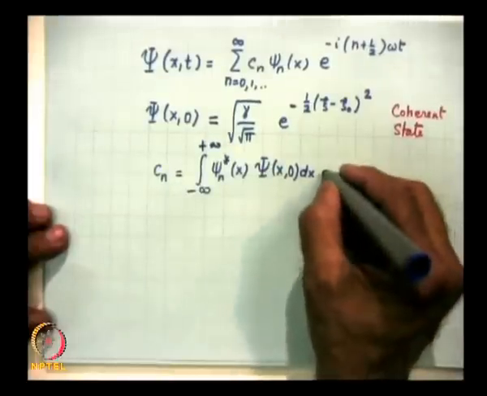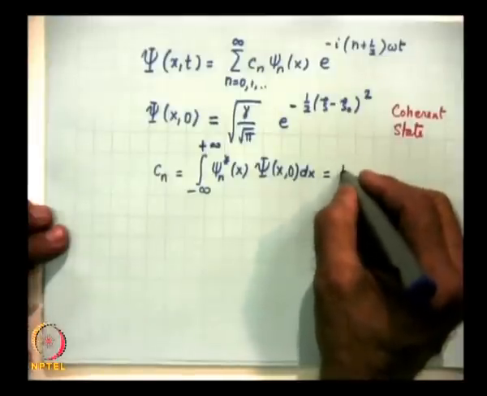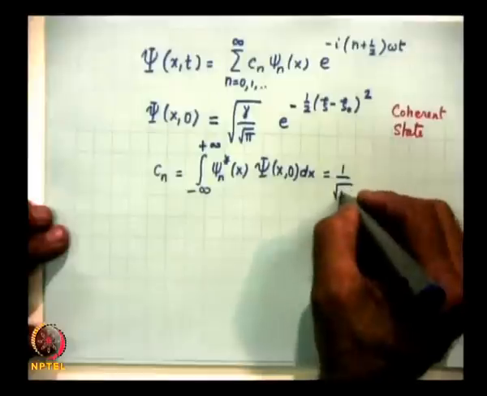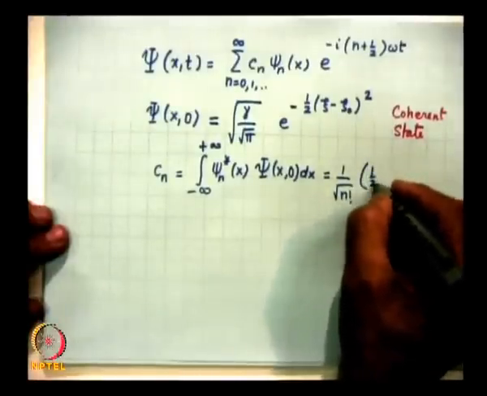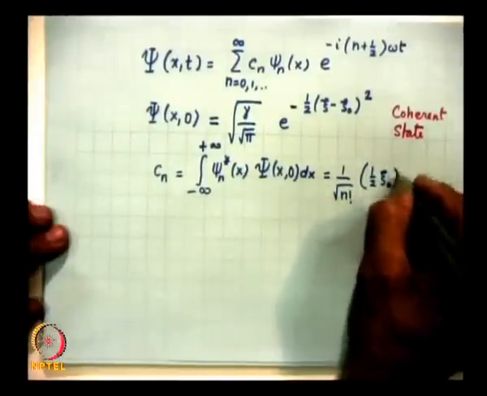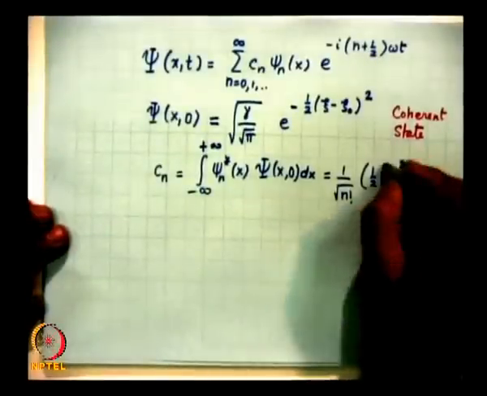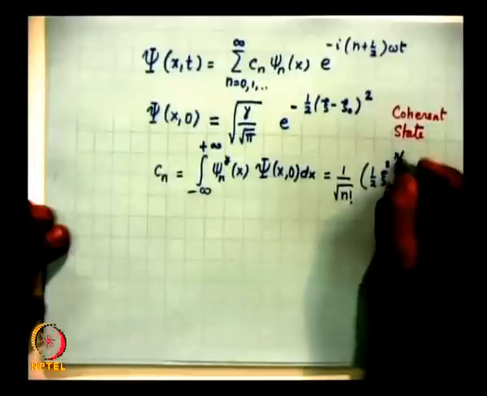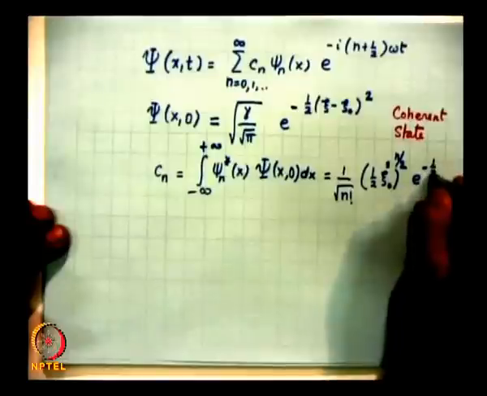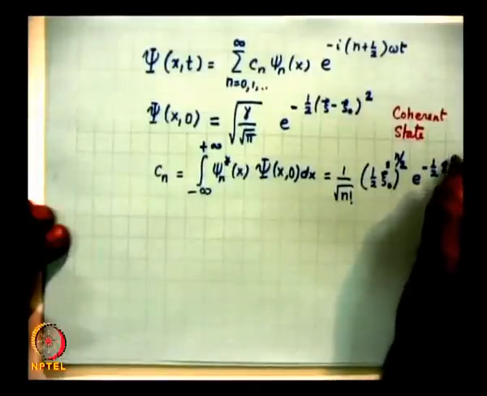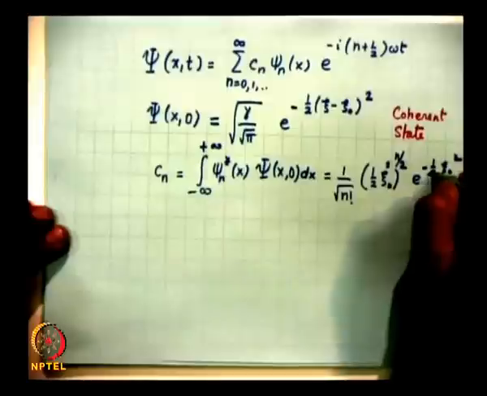If I carry out this integration, as I mentioned last time, one can get an analytical expression: 1 over n factorial, half xi naught square raised to the power of n by 2, e to the power of minus, sorry, 1/4 xi naught square.